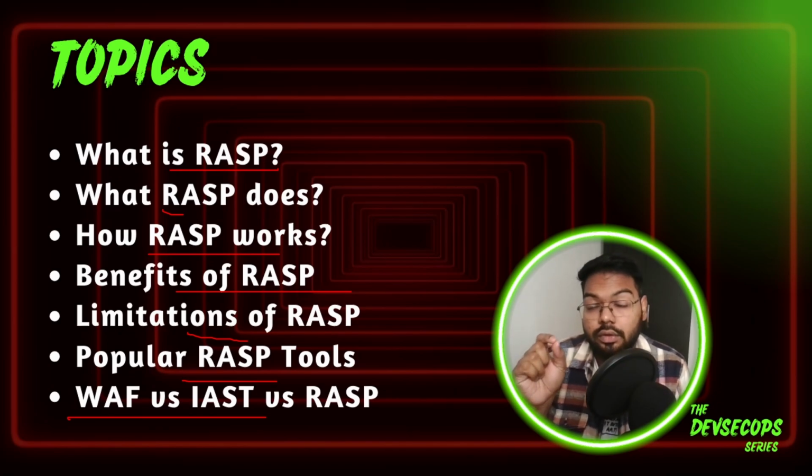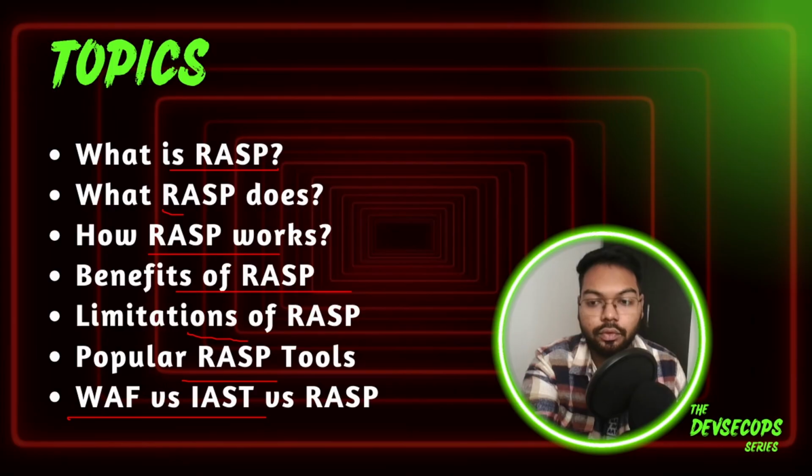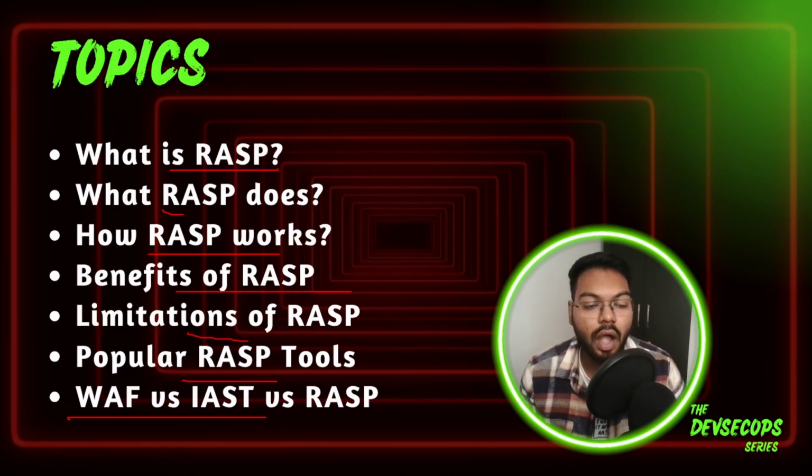That is the reason I always give you this topics list in the format that you should be saying it in interviews. Start by explaining what the thing is, what it does, then how it works, what the benefits and limitations are, what the different tools are, and then the comparison between this tool versus that methodology. That is a general way of explaining a certain thing. I know you really have a minute or so to explain it in interviews, but it would help you in certain cases. That's the reason for this particular format.